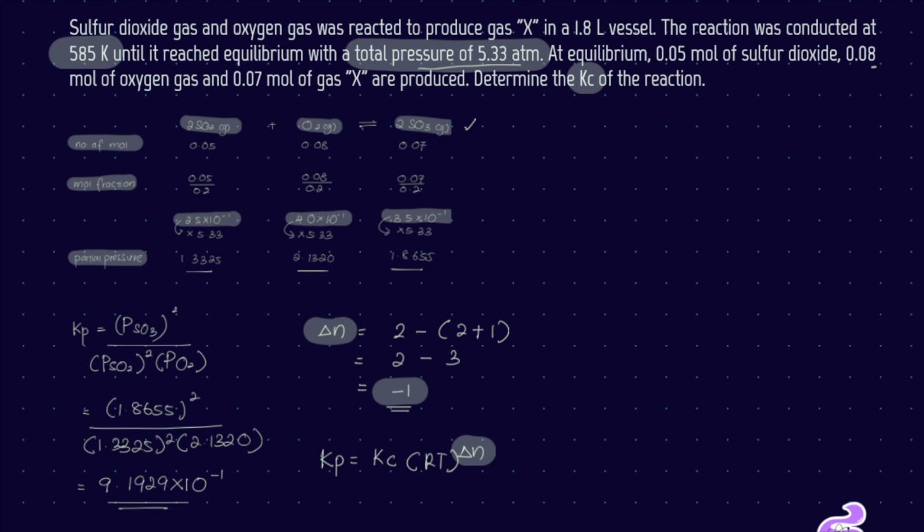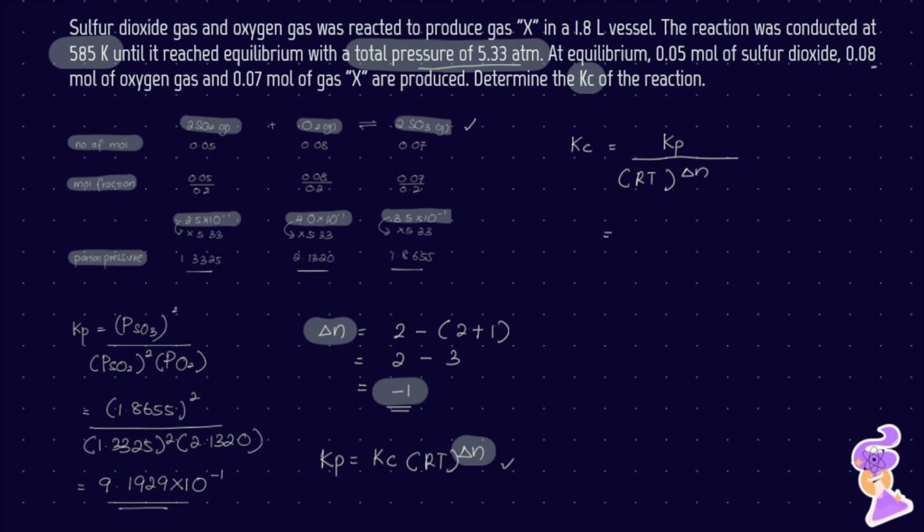And now it's easy for you to find your Kc. So what I'm going to do now is rearrange this formula so that we can get your Kc. So Kc is equivalent to your Kp divided by (RT) to the power of delta N.